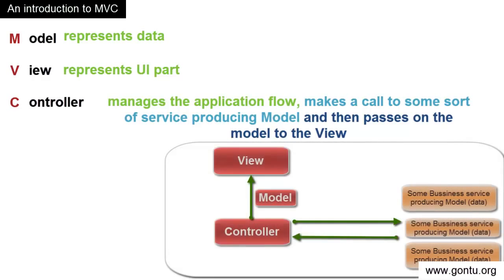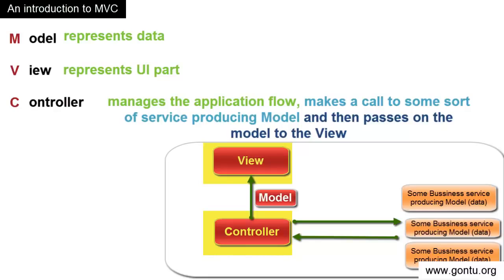Request comes to the application, the controller analyzes it and makes a decision to call an appropriate business service to get the model. Once it receives the model from the business service, it passes on this model to the view component in order to form the final output or response which can be sent back to the client's browser.